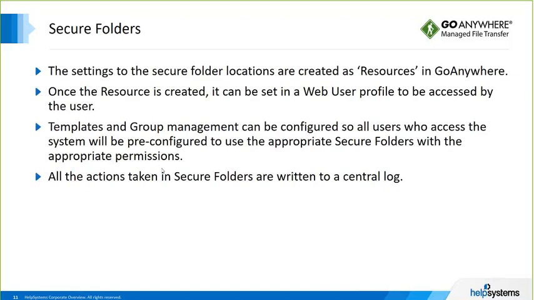So for example, if you have a marketing team that needs to move all of their images up to an Amazon S3 bucket to make available to a web server, you can create one resource in GoAnywhere, apply that resource to a group, and then any member of that group will have access to that Amazon S3 bucket through the web client. And then, of course, all the actions taken in secure folders are going to be written to a central log so that you can see all the activity that happens inside of a secure folder.